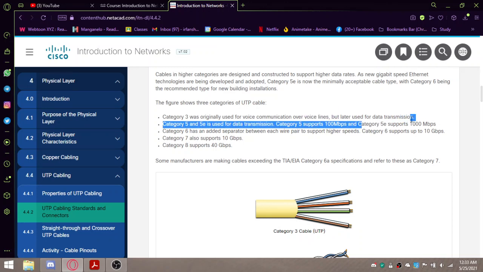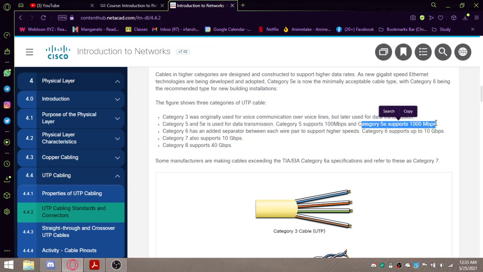Category 5E lagi power lah, dia 1 gigabit per second. Okay, Category 6 has added separation between each wire to support higher speed. Category 6 supports up to 10 gigabit per second. Category 7 also supports 10 gigabit per second. And Category 8 is 40 Gbps.